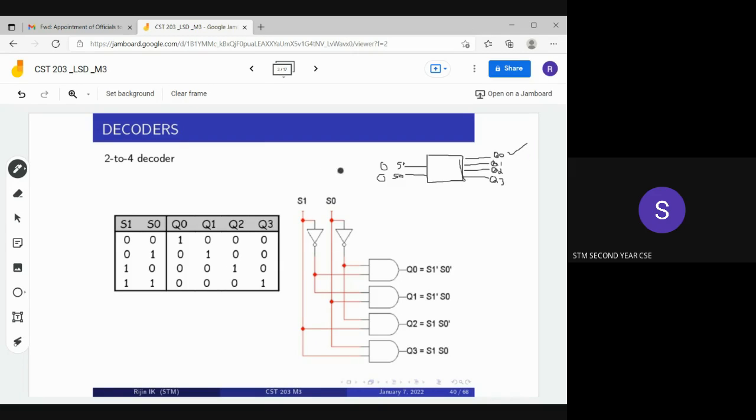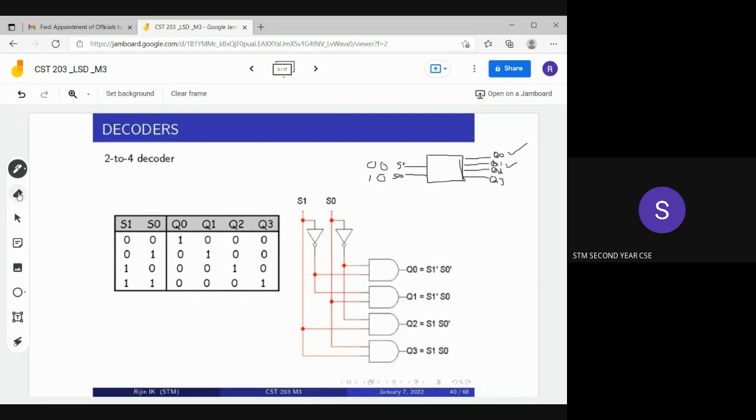And if the inputs are 0 and 1, here the binary value is 1, then in that case Q1 will be active.